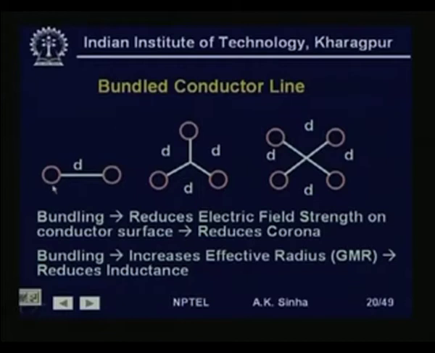Another advantage of using bundle conductor is that it reduces the electric field strength on the conductor surface. That is, if we would have used one conductor with the same cross sectional area, and we divide that into two conductors, then the surface area of these two conductors together is going to be larger, and therefore electric field strength on the conductor surface will get reduced for the same potential.